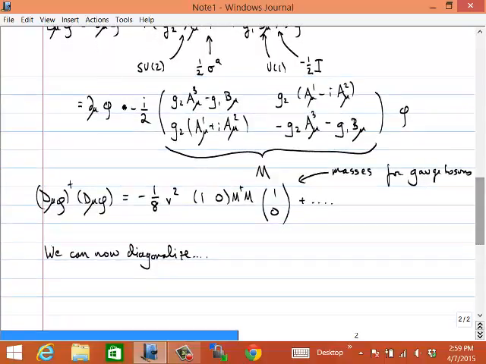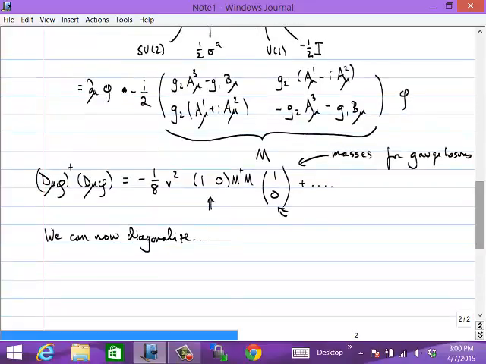The idea is that if you just work out what M dagger M is, and you multiply it by these vectors V dagger V on the left, or you multiply it by the Higgs vacuum expectation value on the left and the right, what you'll find is that there are 3 massive gauge fields and 1 massless gauge field.